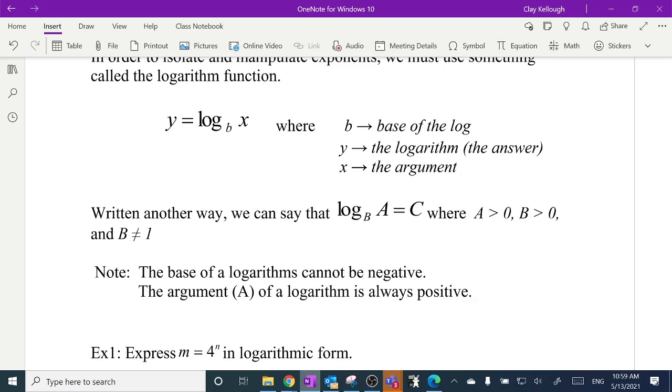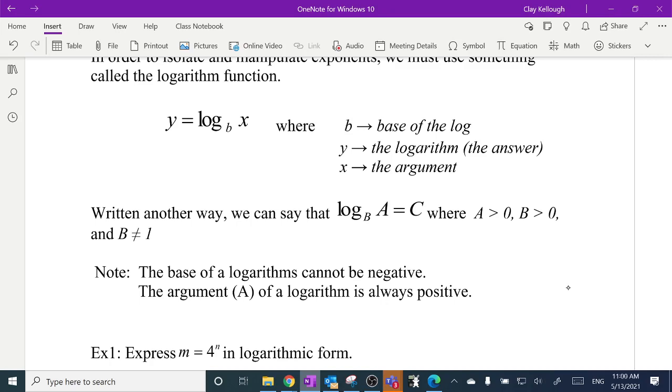Now, there are some rules to logarithms. A has to be greater than 0. The argument of a log cannot be negative, nor can it be 0. And b has to be greater than 0 because the base has to be positive for a logarithm to work, and b can't be 1.